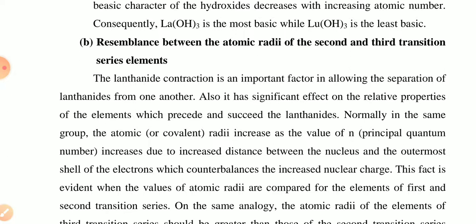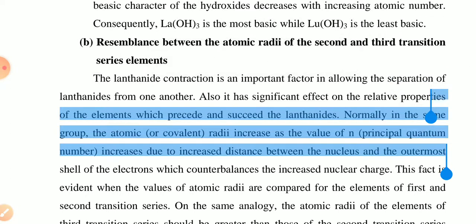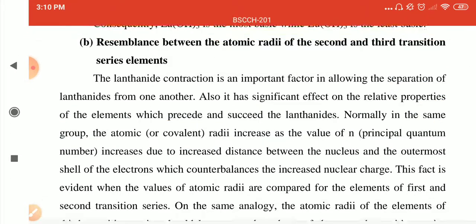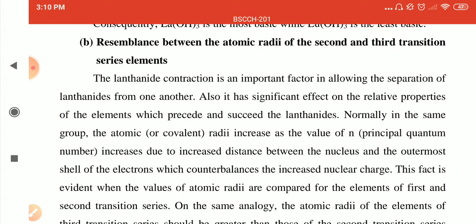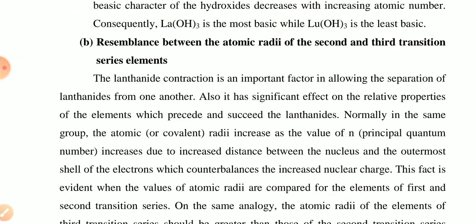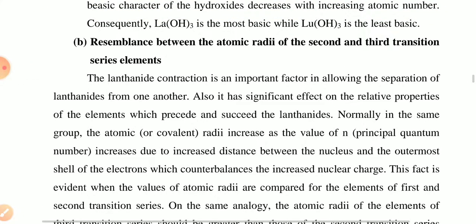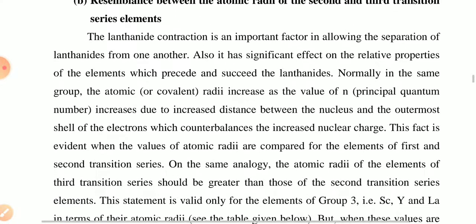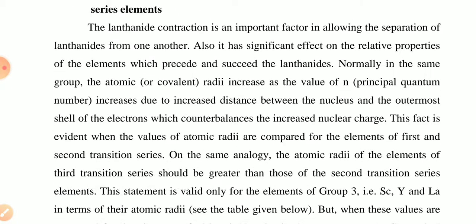It also has a significant effect on the relative properties of the elements which precede and succeed the lanthanides, normally in the same group of atoms. Atomic radii increase as the value of the principal quantum number increases, due to the increase in distance between the nucleus and the outermost shell electrons, which offsets the increased nuclear charge.